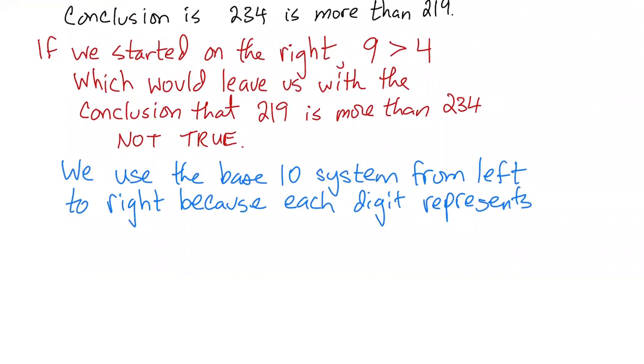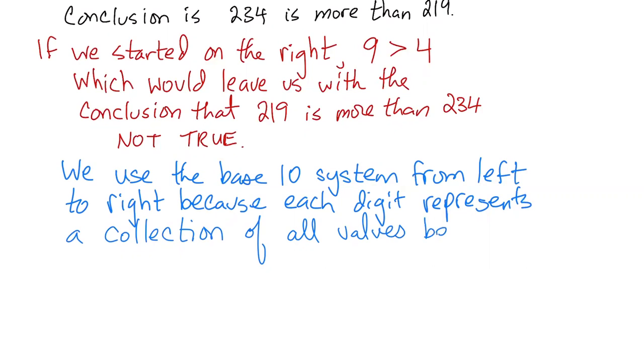Sarcastic. So each digit represents a collection of all values based on the place of the number to the right.